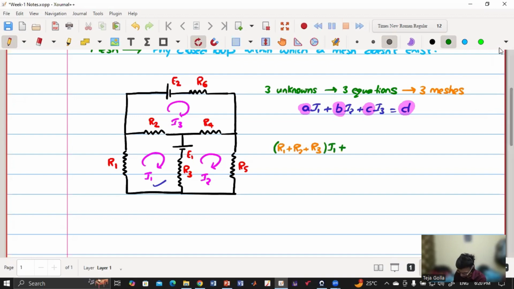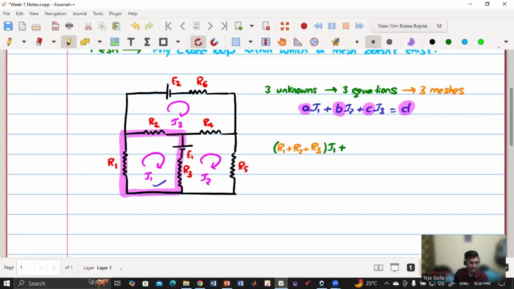Why? Because it's mesh M1 and it has a mesh current I1, so the coefficient of I1 will be the sum of the resistances in that mesh, R1 plus R2 plus R3.